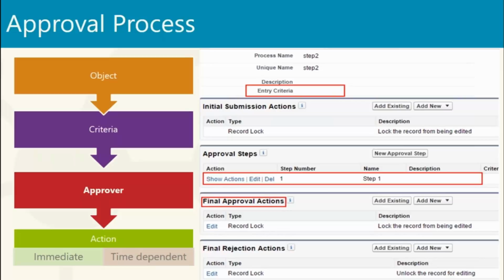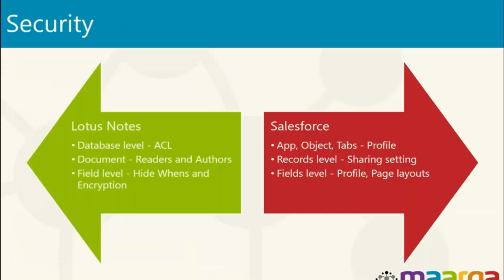And that's how an approval process works. So when you come to approval processes, the automatic question is, how does it handle security? We are used to Lotus Notes having fairly stringent security, starting all the way from access to the server, and then access to the actual application using the database access control list.